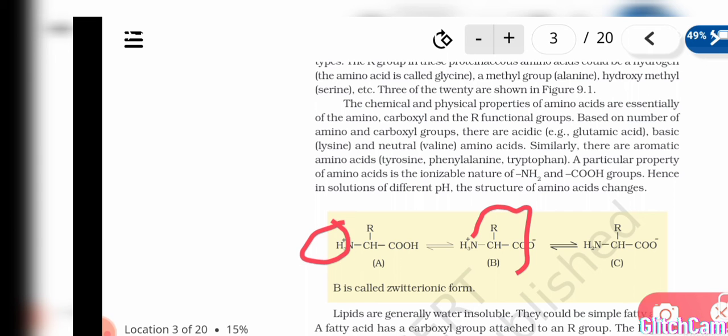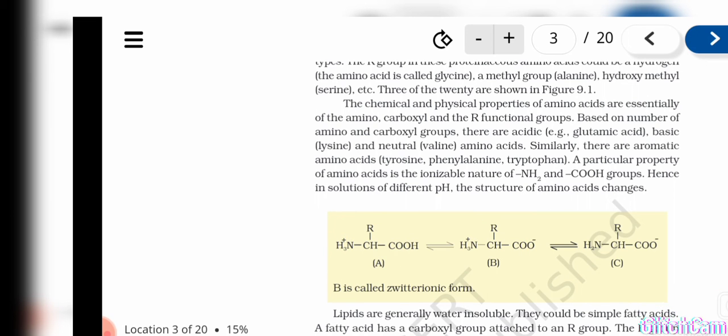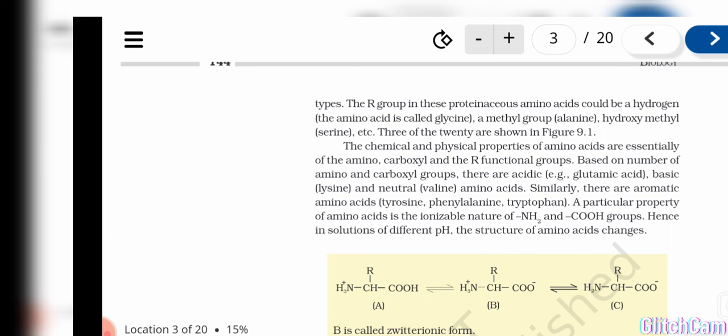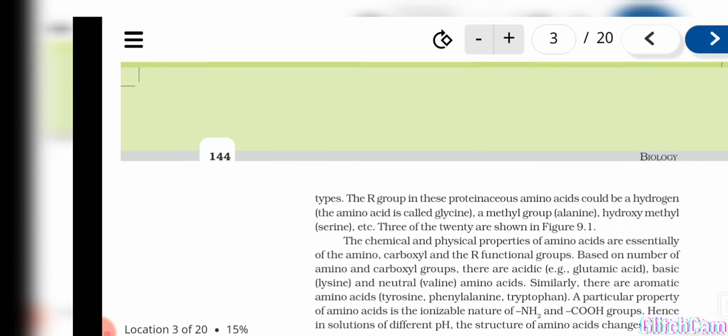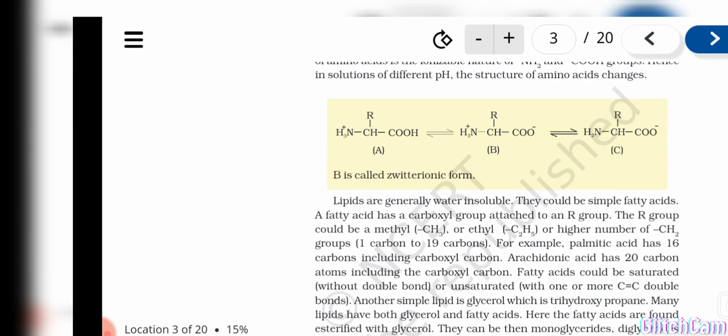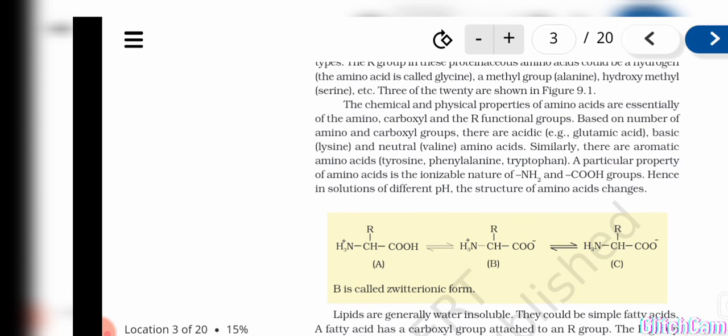So in solutions it can exist as a charged molecule. Understood? So amino acids can exist as zwitterions. They have both positive and negative charge.